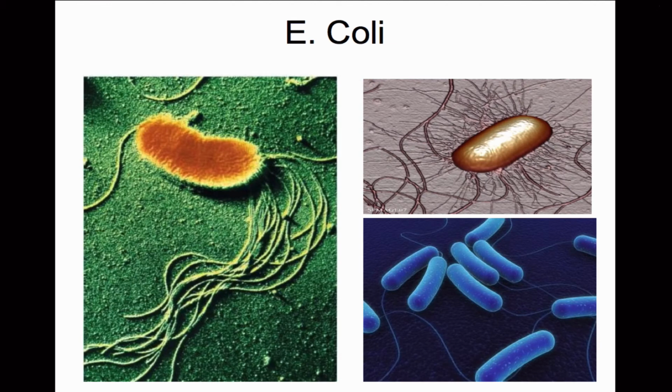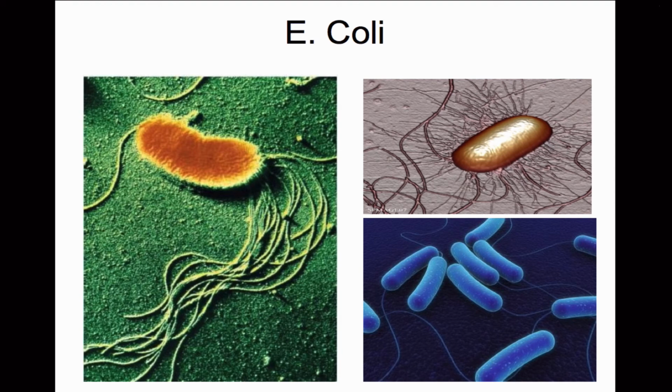Here's an E. coli picture. E. coli is a rod, and you can see a very well-defined flagellum there. E. coli actually is in our gut. It helps us to digest food, and so it's actually very important for us to have in our digestive system.